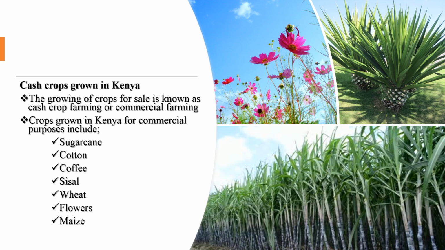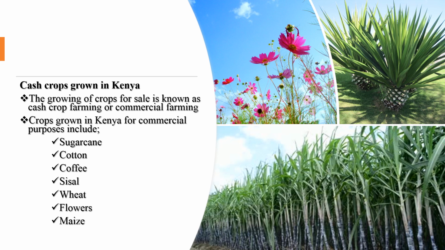Now on cash crops grown in Kenya, we just want to have the introduction part of this because much of it will be coming in subsequent videos that we are going to post. In Kenya, we are growing sugarcane, cotton, coffee, sisal, wheat, and maize for commercial purposes.